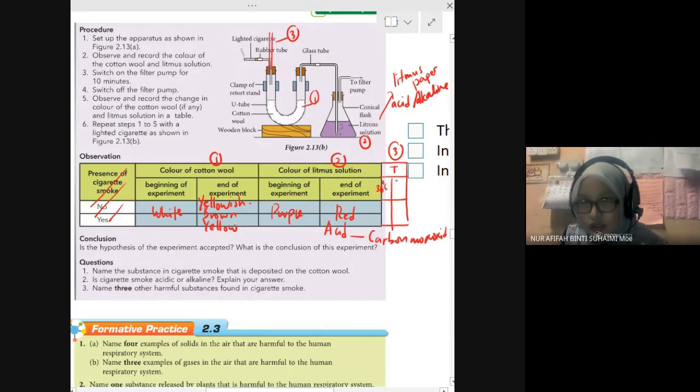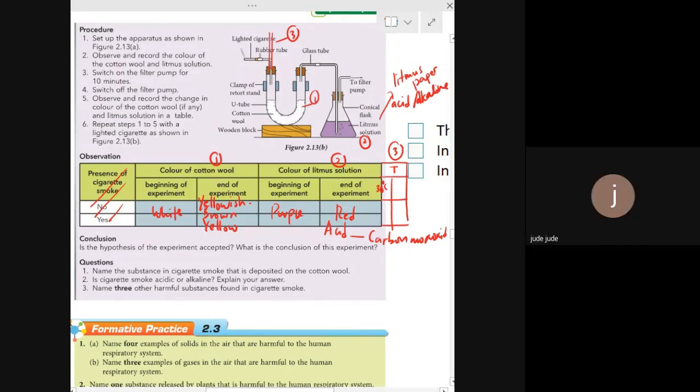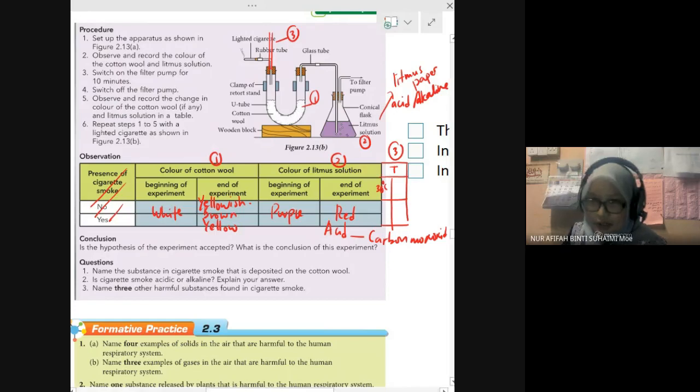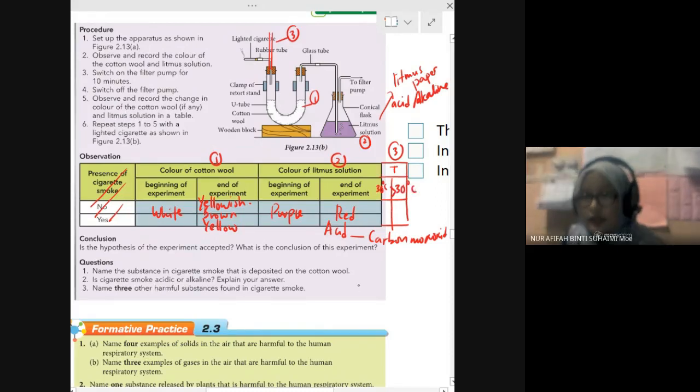After or during the smoking, will the temperature increase or decrease? Yes, it will increase, more than 30 degrees Celsius. So smoking will produce heat.